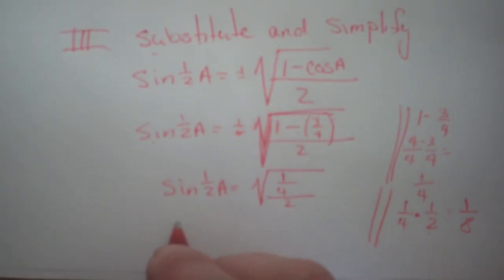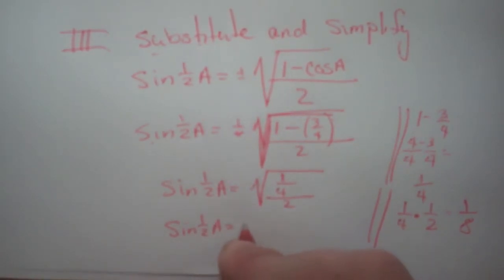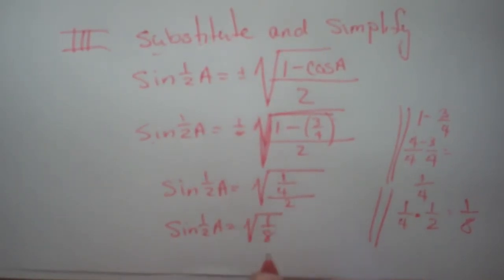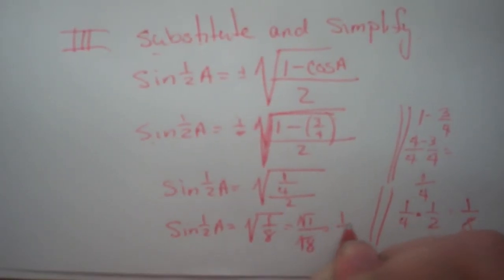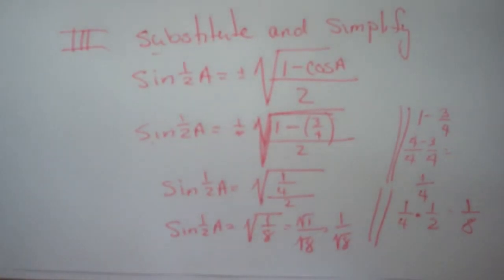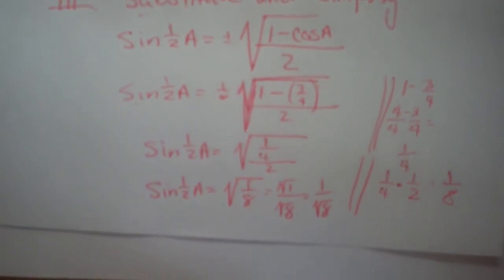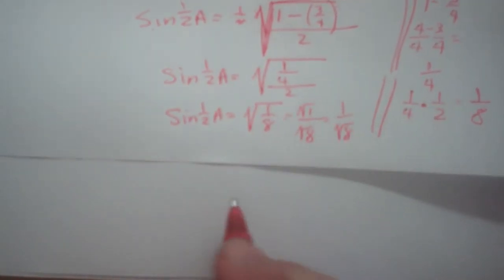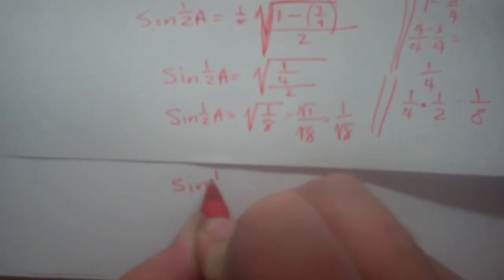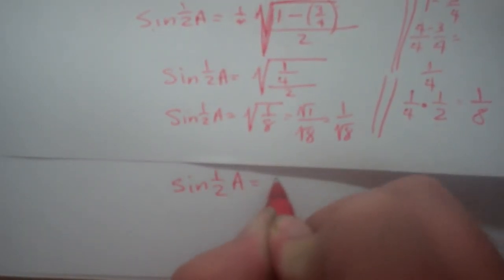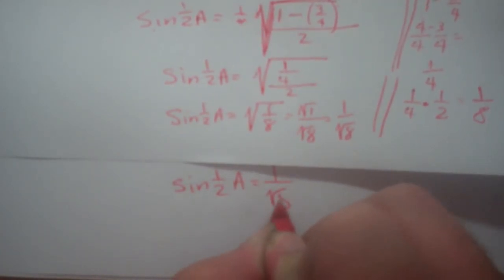And so this is telling us that we have the sine of 1/2 a is equal to the square root of 1/8, which is the square root of 1 over the square root of 8, which is 1 over the square root of 8.